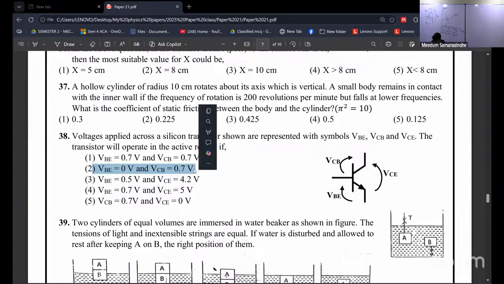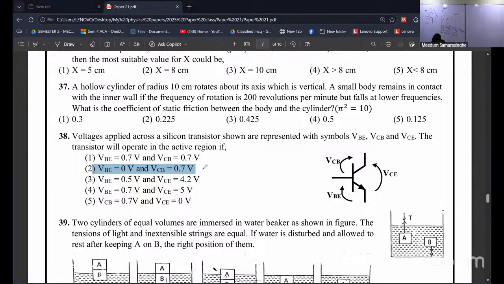So at this instant, it is at the cutoff region, right? Here also VB is lesser than 0.7. So at this point also it is in the cutoff region. So the answer can be this one, right?